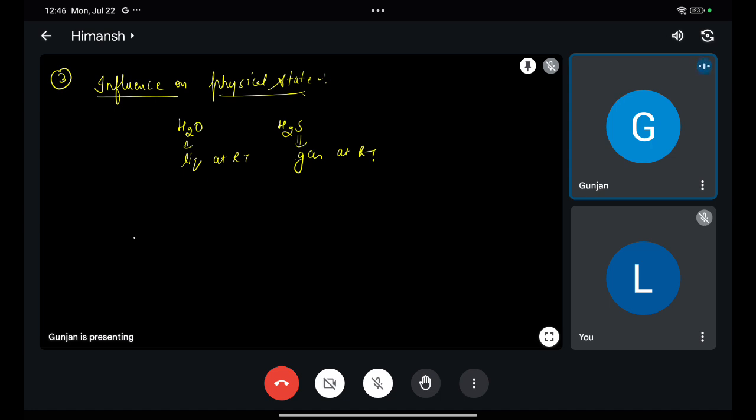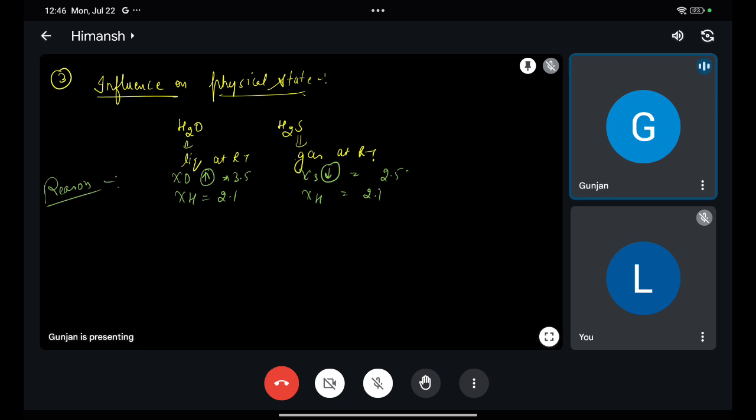Okay. The reason is that in H2O the electronegativity of oxygen is high, and in H2S the electronegativity of sulfur is low. Oxygen's electronegativity value is 3.5 and sulfur's is 2.5. The electronegativity value of hydrogen is 2.1.